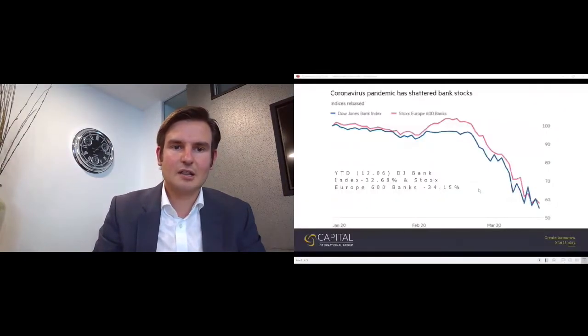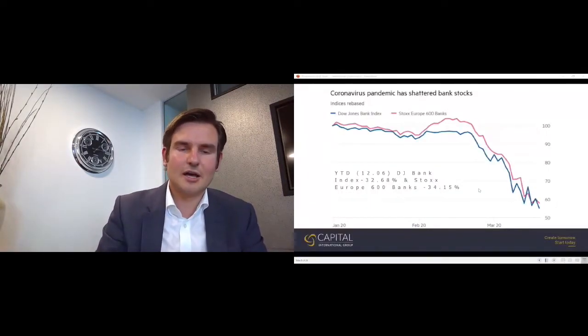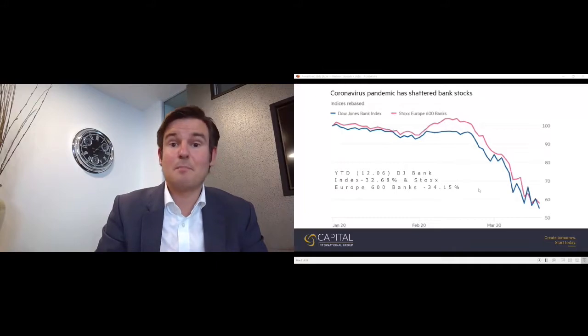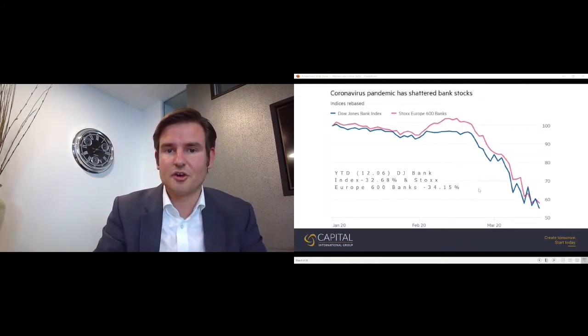So let's have a look at sharing a little bit of detail with you, looking at bank stock prices and how they've been affected. So I'm just going to share a visual of that for you. This chart looks at how COVID-19 has impacted the Dow Jones Bank Index and the Stoxx Europe 600 Bank Index.